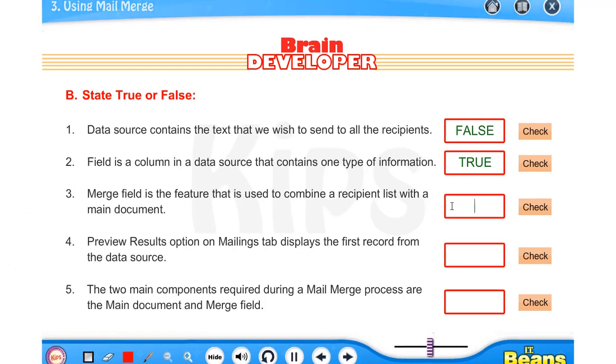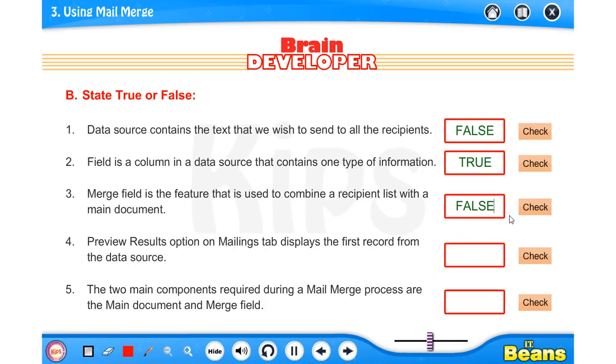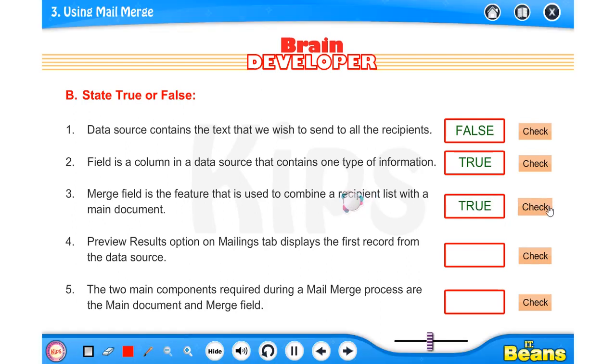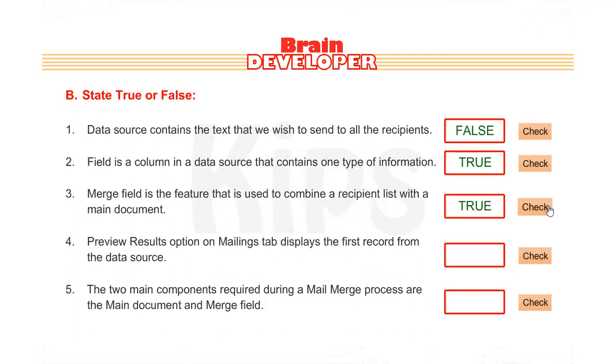Is it true or false? It is false. Is it false or true? Yes, merge field is used to combine a recipient list with the main document. It should be true only, dear. Yes, it is true. Merging means combining. The meaning of merge specifies combining things only. Okay, so it is true.